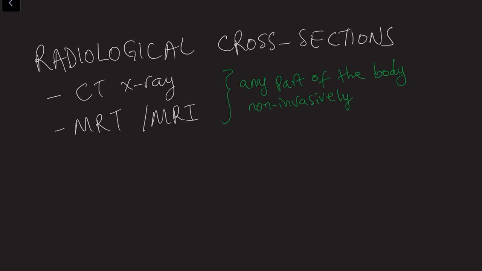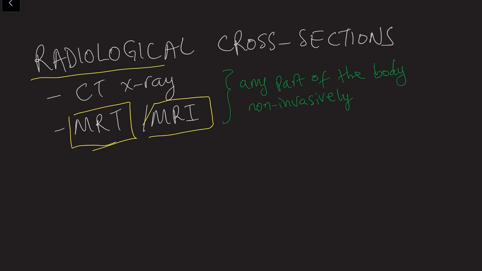One way in this day and age that we study cross-sections is by radiological imaging, especially CT X-ray and magnetic resonance tomography, as well as magnetic resonance imaging, pretty much the same thing, right? MRI, MRT. The advantage of radiological cross-sections is that they allow surgeons to study any part of the body non-invasively.